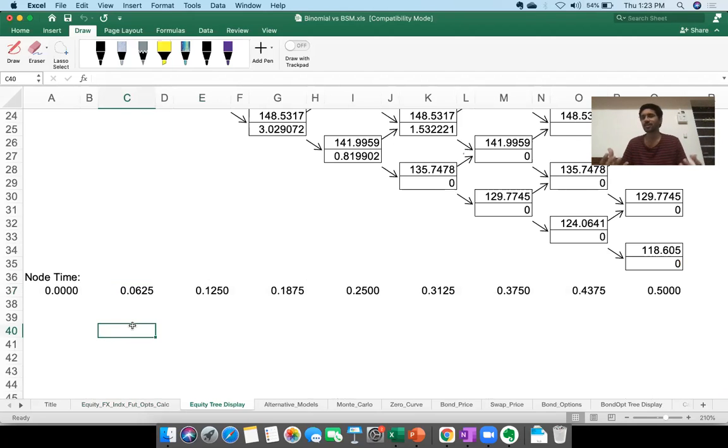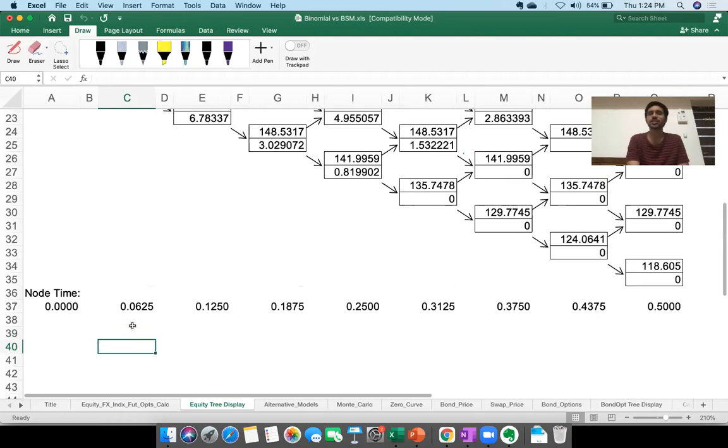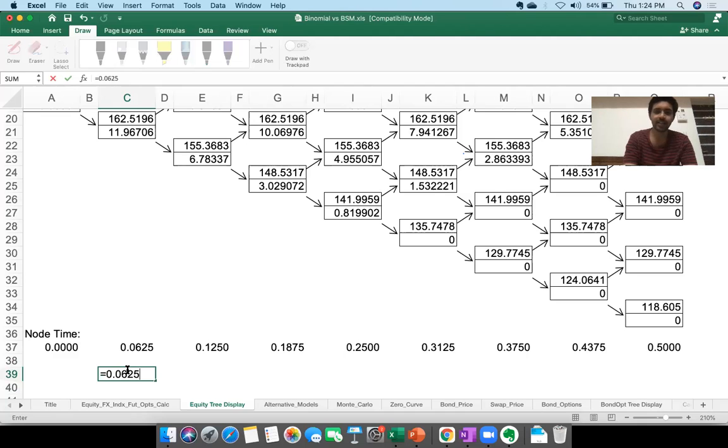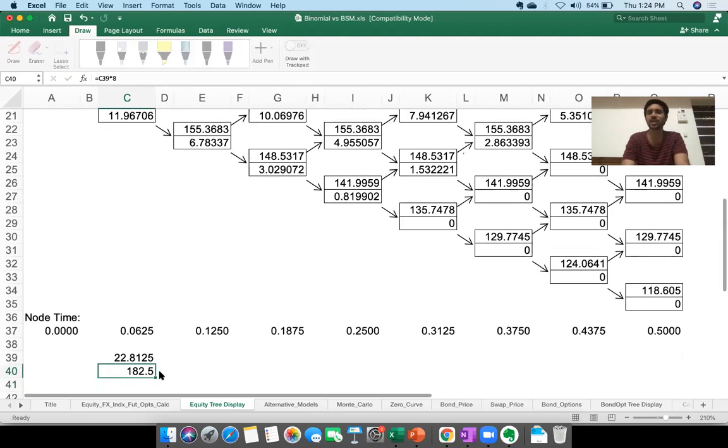So it will be a little more than 15 days or something, right? Each time step is 0.0625 years, so 0.0625 into 365, each time step is about 23 days. So 23 days is each time step, and there are 8 such time steps. This into 8 will give you 6 months, which is 182 days.